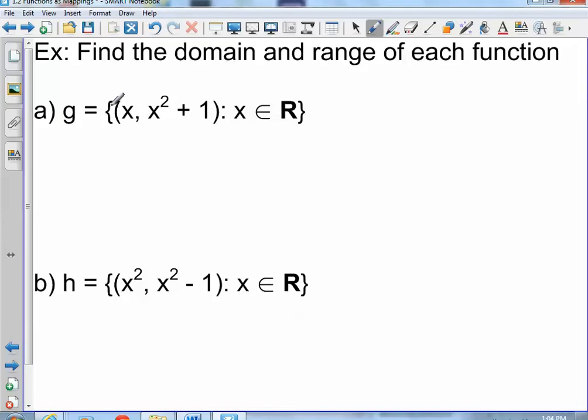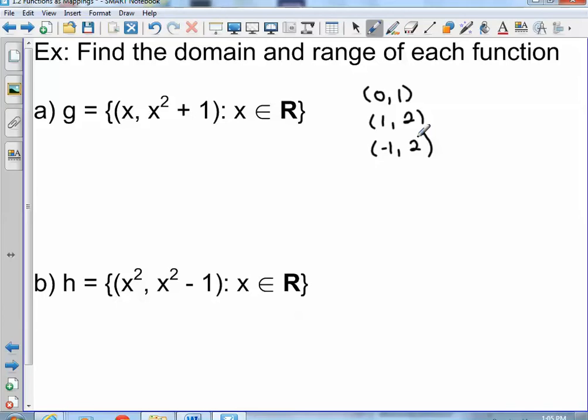Okay, it says we have a set of all ordered pairs, x comma x squared plus 1, such that x is a real number. So in other words, ordered pairs in this. If I put in 0, I would get out 1. If I put in 1, I get out 2. If I put in -1, I get out 2. Okay, and we know as long as my x was a real number, I could put anything in.